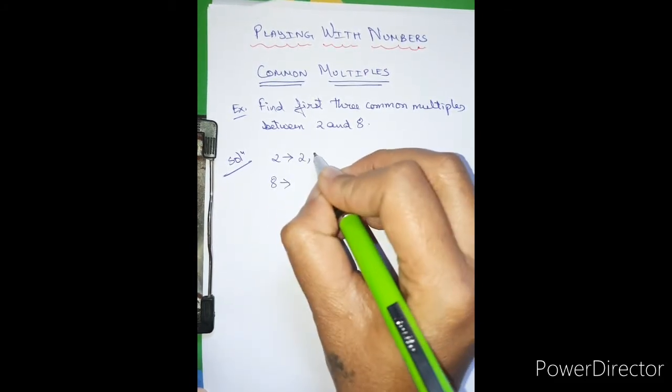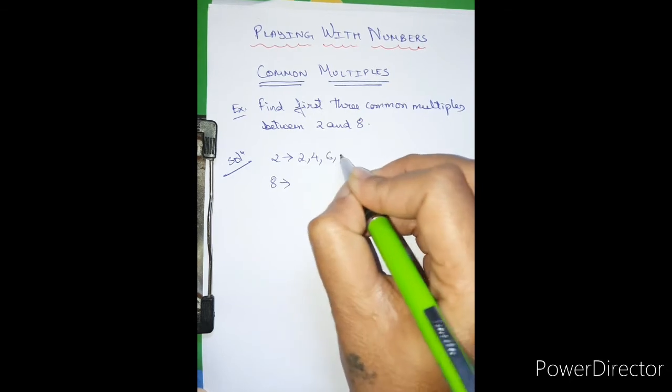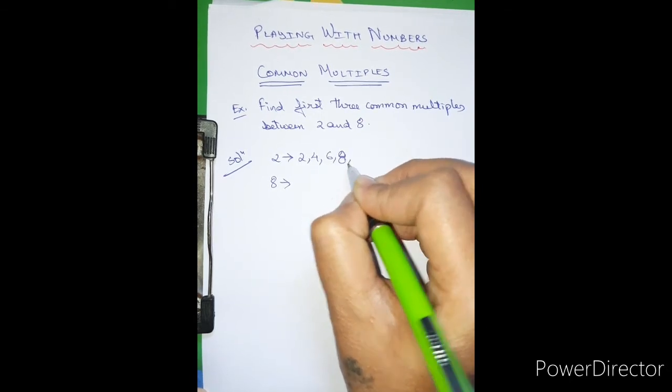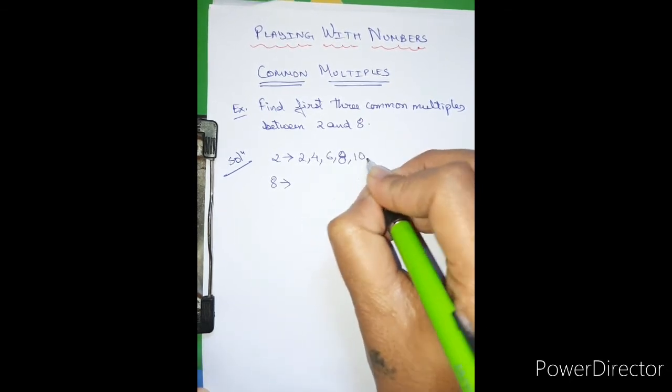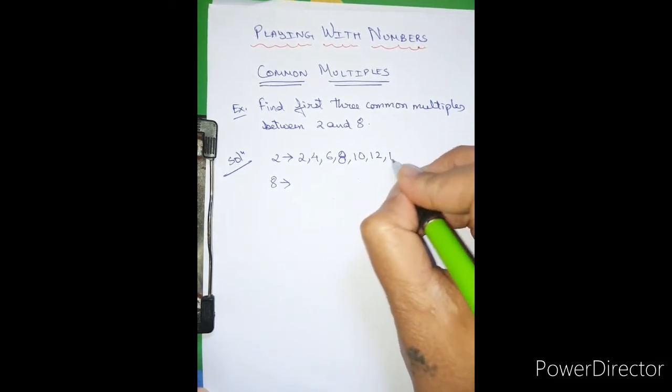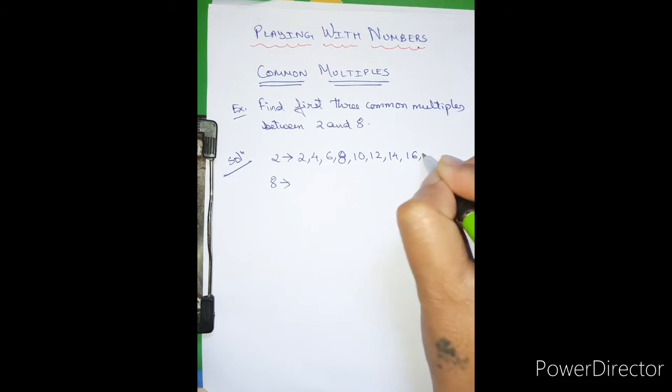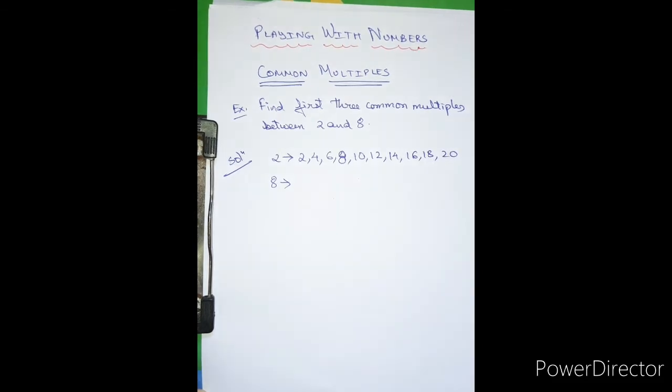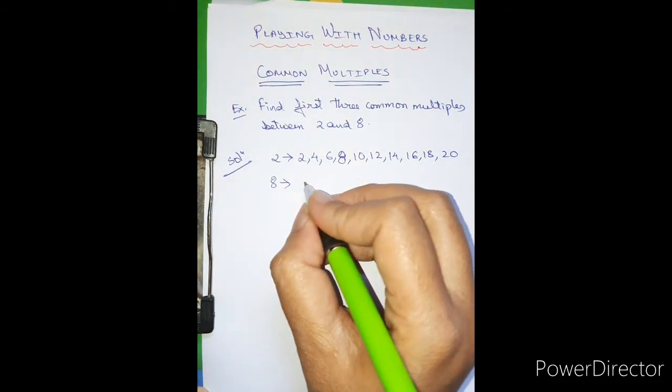2 1s are 2, 2 2s are 4, 2 3s are 6, 2 4s are 8, 2 5s are 10, 2 6s are 12, 14, 16, 18 and 20. Okay.